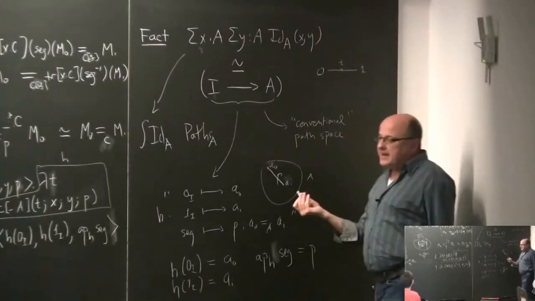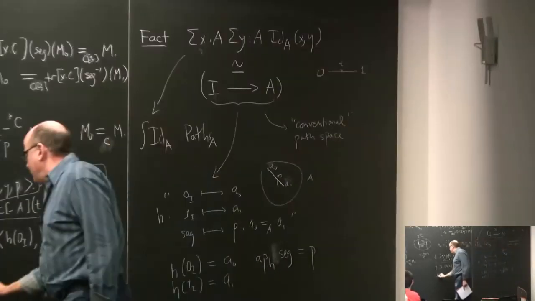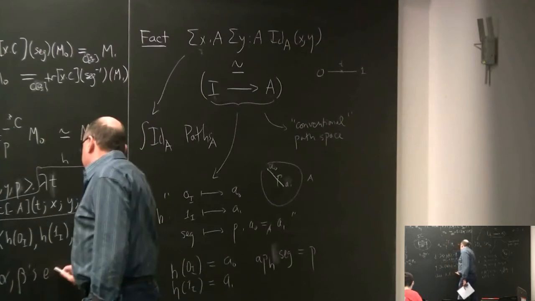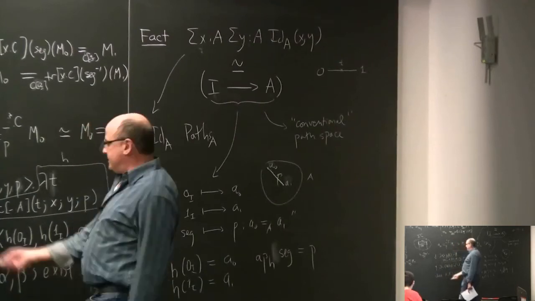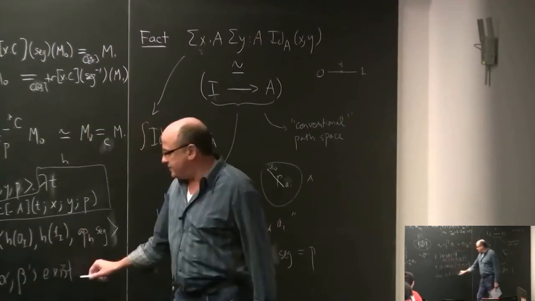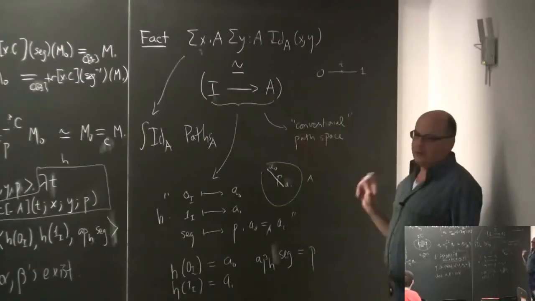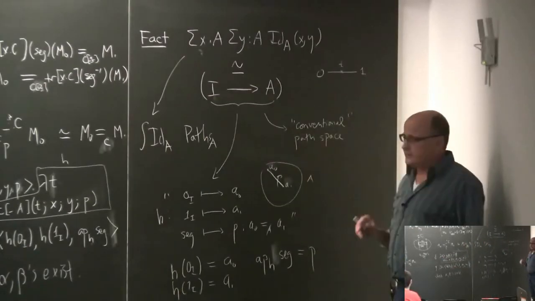And then I'll leave it as a homework thing: you can check that the required alpha and betas exist to show that this, with these data, is quasi-inverse of that, and that establishes the equivalence that I wanted to mention.